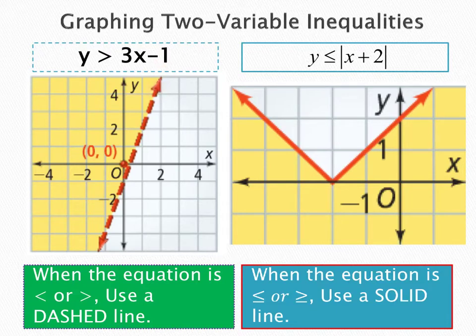That means that I am going to have a dashed line in my function. Okay? If I have a less than or equal to or greater than or equal to, I'm going to have a solid line because my inequality solutions will include that line. Every single coordinate on that line is part of the solution set. If it's dashed, that means that those are not part of the solutions.